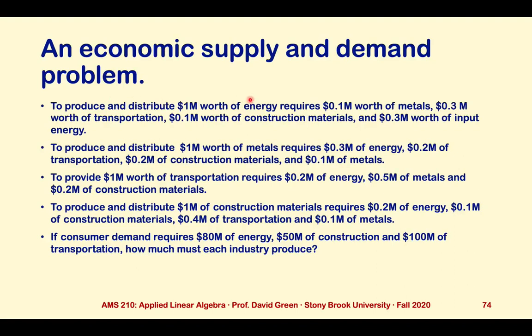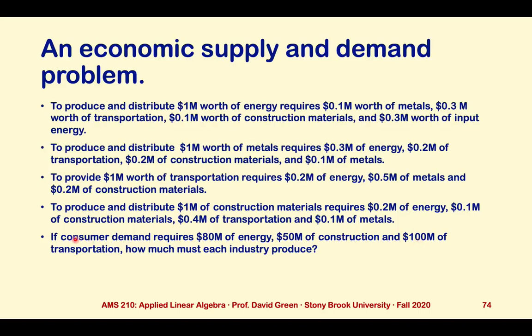In addition to the requirements between the sectors, that to produce energy needs metal, transportation, construction, and other energy, and so on, there's also what we might call internal demands to the economy. There's also external demands, which we might term consumer demands. Outside of the generation economy, there is an interest in energy, construction, transportation, and so on.